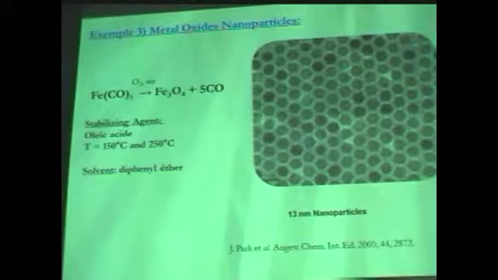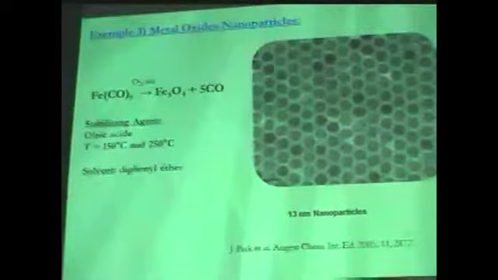The third example is synthesis of metal oxide nanoparticles such as magnetite. Focus on magnetite synthesis, also from the pentacarbonyl precursor, but now in air, because we don't need to protect it, because we want to form the oxide, by using just oleic acid with the temperature between 150 degrees and 250 degrees.